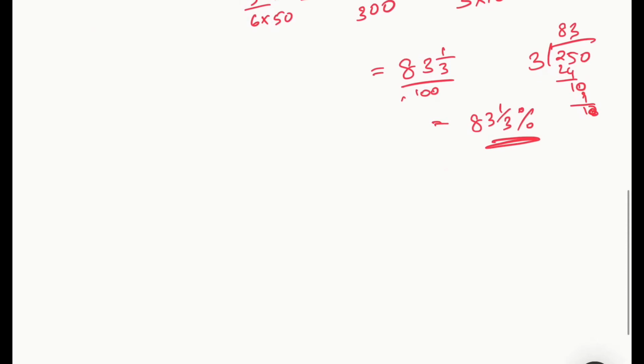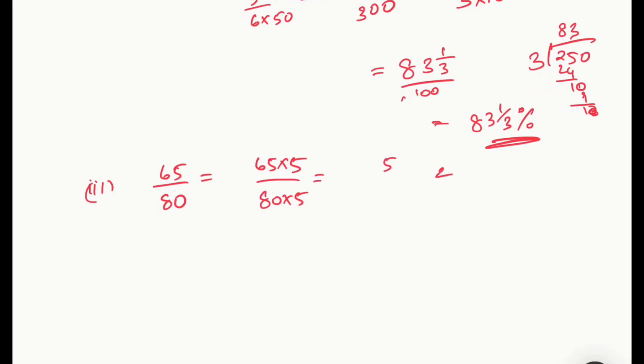Now coming to the third question, 65 by 80. Again I can take it as 8 into what, so I can get 100. So I take 65 into 5 by 80 into 5. I get 325 divided by 400.